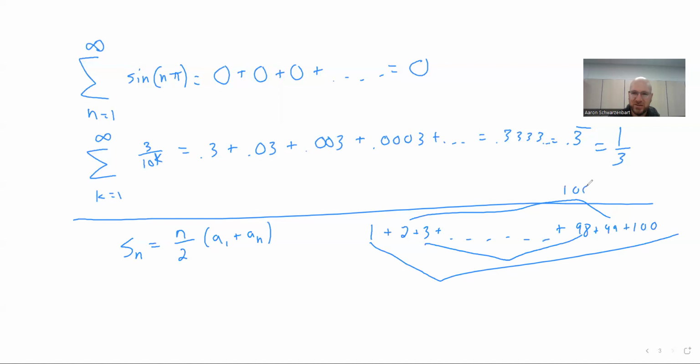All of these pairs had to be 101. And he recognized that he was using two numbers, so you'd do 50 times 101. 5050. Because he was using pairs of numbers, there's 100 numbers, half of them. So n over 2, half of the numbers, first plus last. And that works for partial sums.